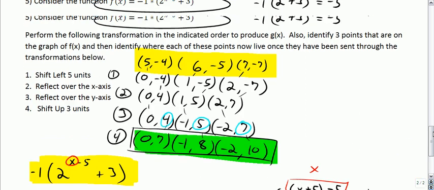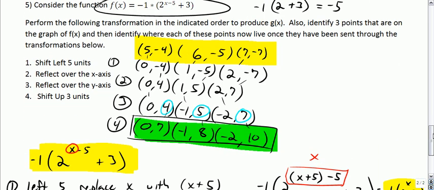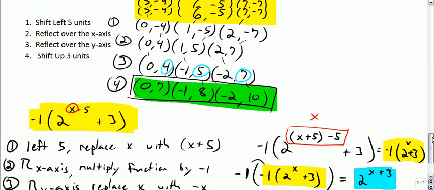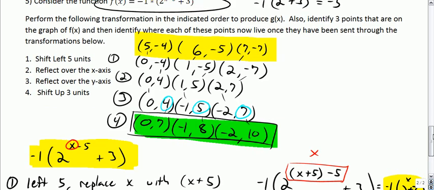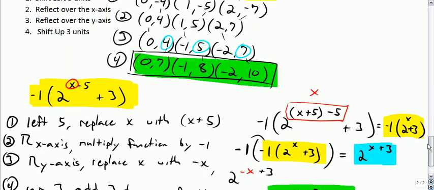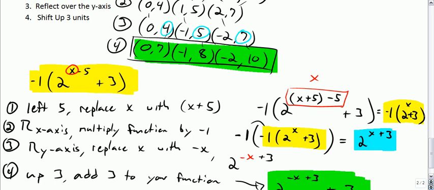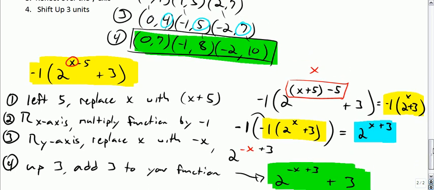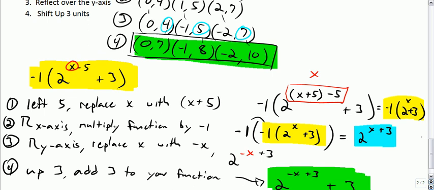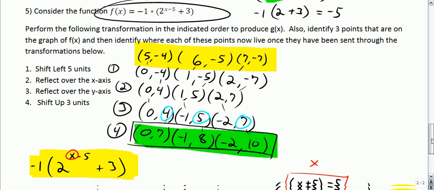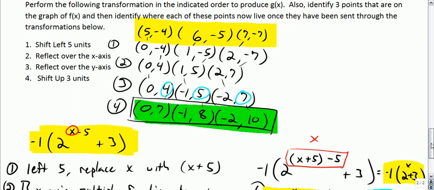I'm still not finding my error. Alright, I'll go back through my function. I said I'm pretty confident in my points, and I thought I was confident with the process. Let me make sure I copied the original function correctly. -1 times 2 to the x plus 5, or x minus 5 plus 3.